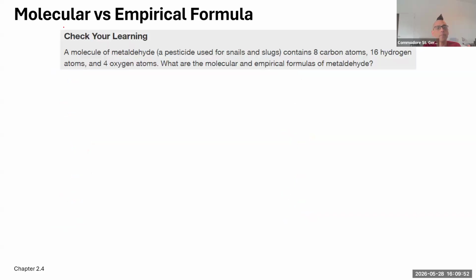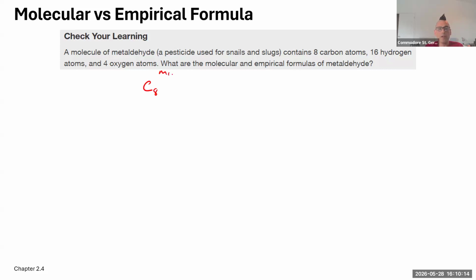All right. Let's try this. A molecule of metaldehyde contains 8 carbon atoms, 16 hydrogen atoms, and 4 oxygen atoms. What is the molecular and empirical formulas of metaldehyde? So carbon, they say we have 8 of them.